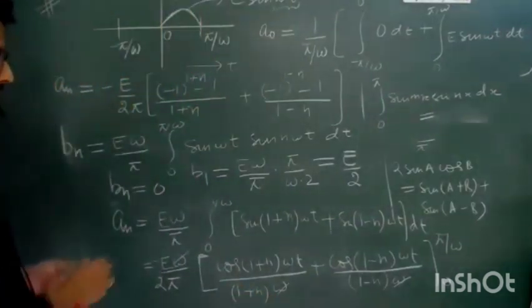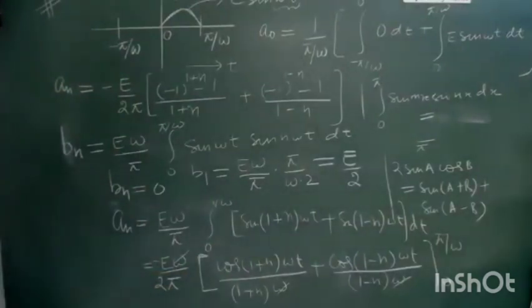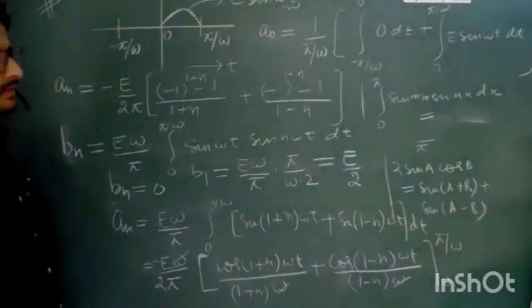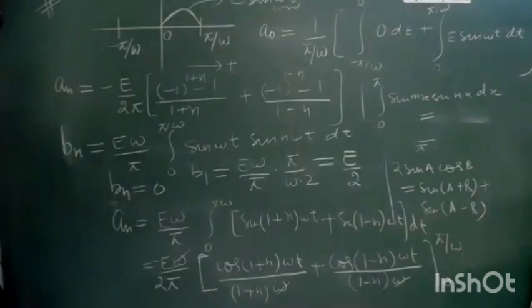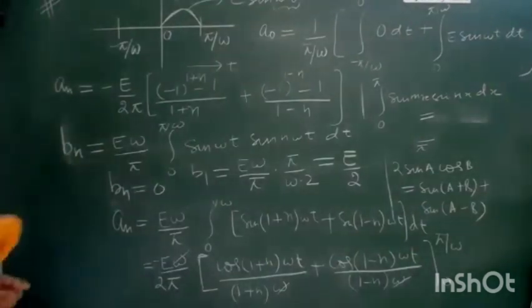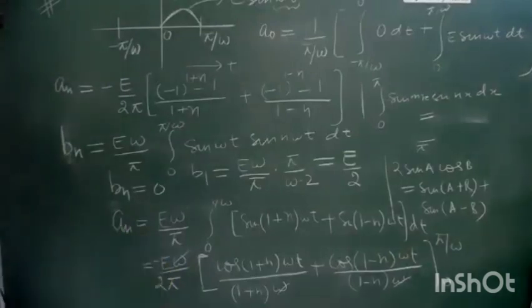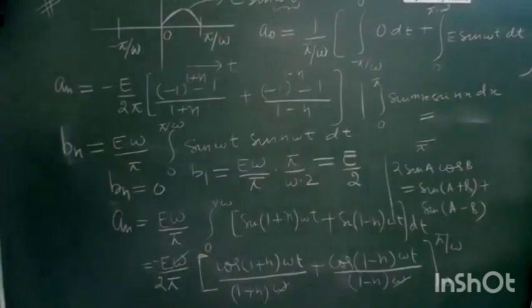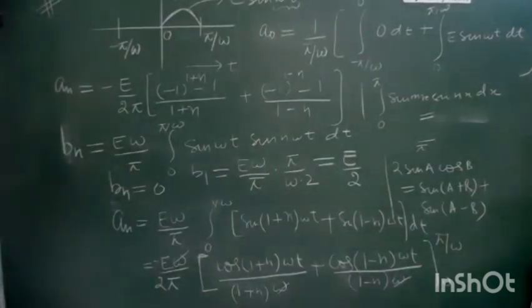And now the Fourier series you can easily write because the complete values of a naught, an and bn are there. Sir, I'm getting bn as E and not E by 2, because there should be a twice term when we are converting it to minus pi by omega to plus pi by omega.